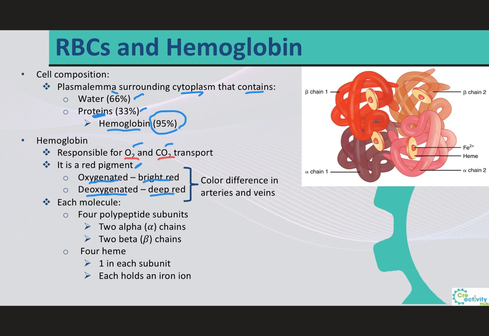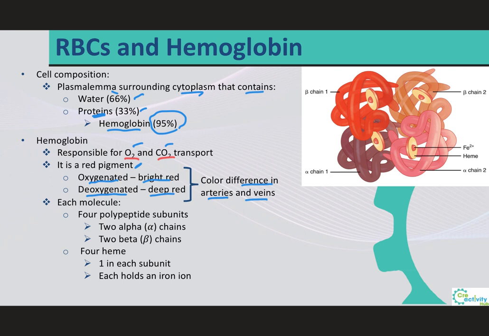And this will actually account for the color difference between arteries and veins. Now, it does not mean that all arteries will be bright red because all arteries carry oxygen. When we get to the lecture about the heart, we will cover this in more detail.